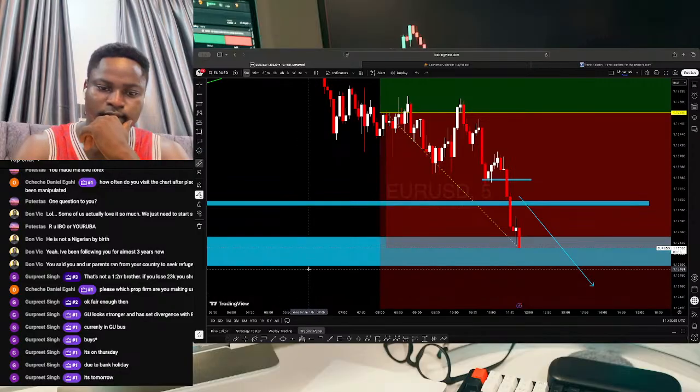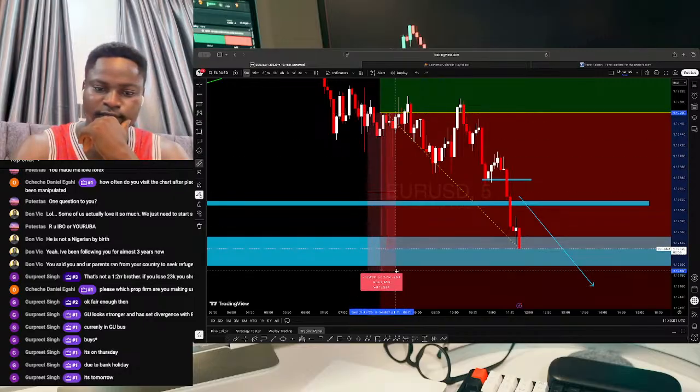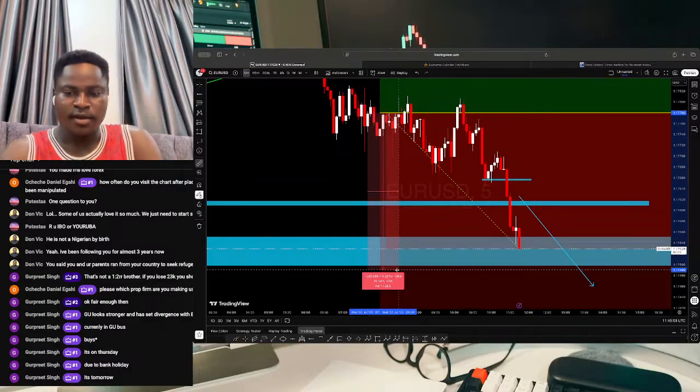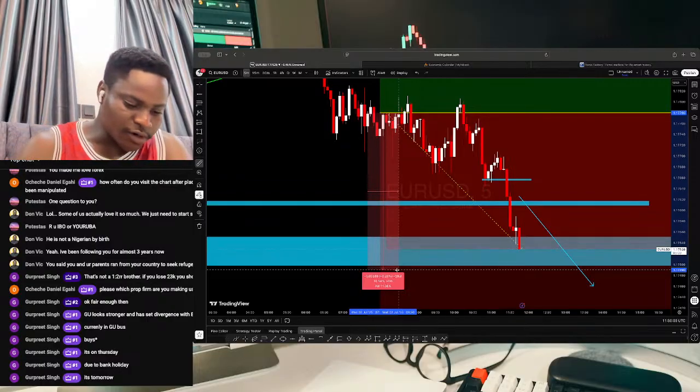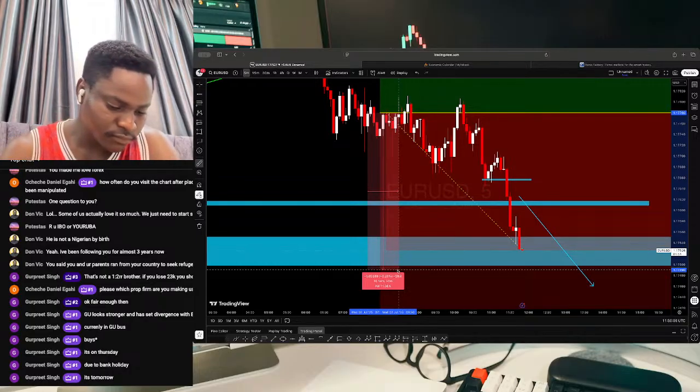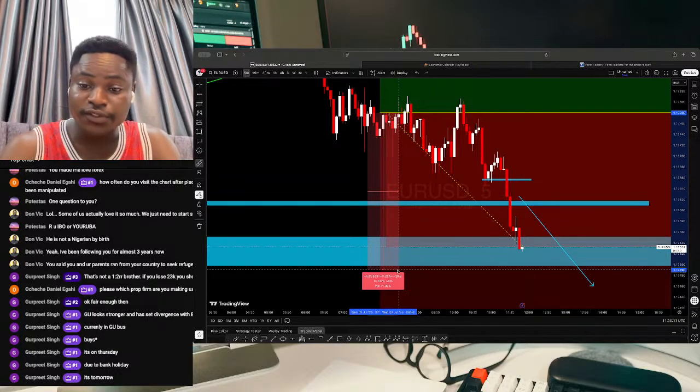Right here is where I have stop loss set, 28.9 pips or 29 pips. That's where my stop loss is on the other accounts. So right now I'm at minus 25 pips. So it is what it is. If it's a stop loss, no complaint.